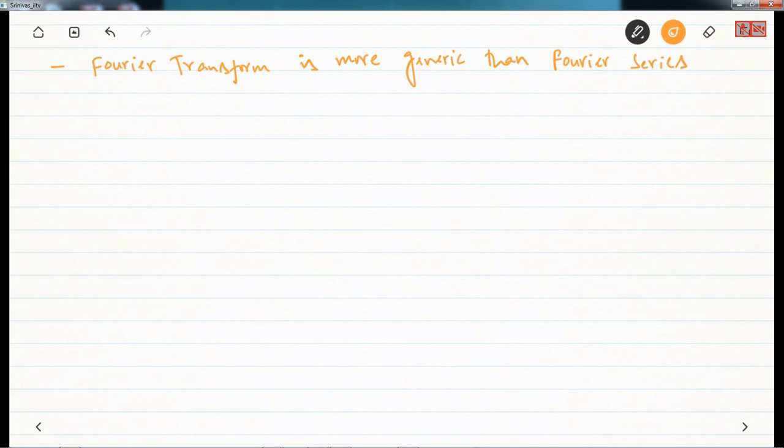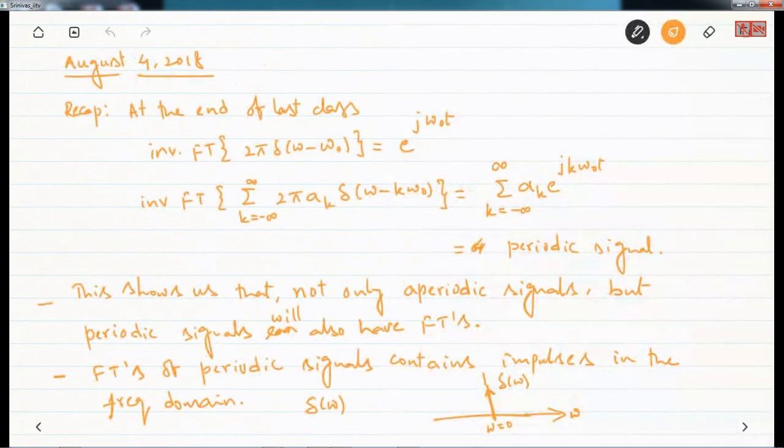And one more final point in this: if you see this, let's write this as the Fourier transform pair. If you are given a periodic signal, you find its Fourier series coefficients, and then you can find its Fourier transform like this.